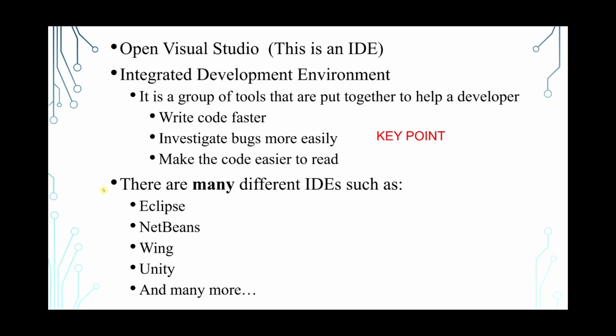The integrated development environment is basically a group of tools put together that makes you write code faster, investigate bugs more easily, and make sure the code is written or can be read easily. There are many different IDEs, Eclipse, NetBeans, and so on, but we are going to use Visual Studio.